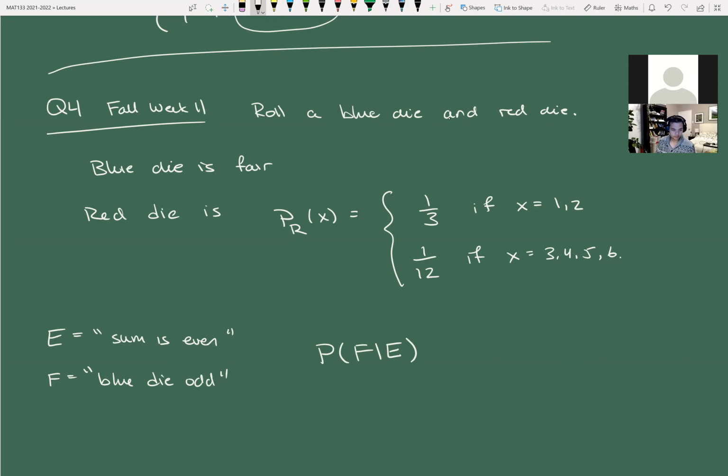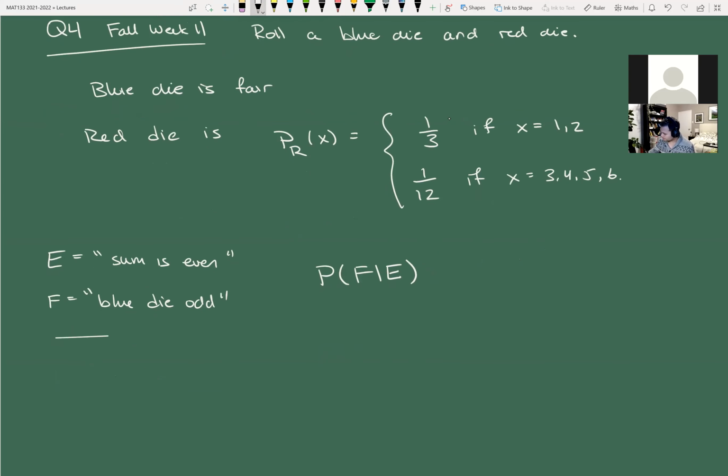Okay, so this is a pretty complicated question. There's a lot of stuff going on here. Now, this is just our setup. So as our solution, okay, what is the probability of F given E? How do I compute conditional probabilities?